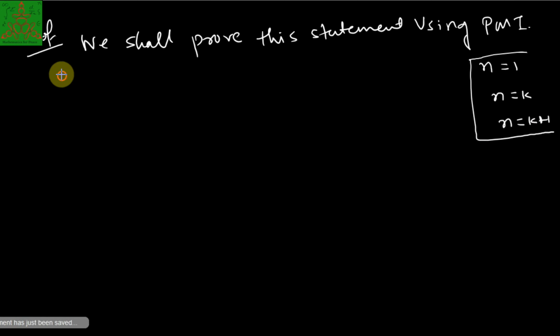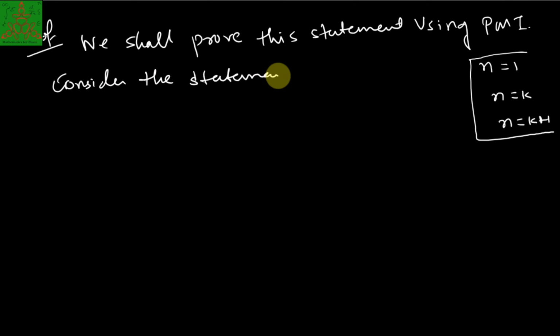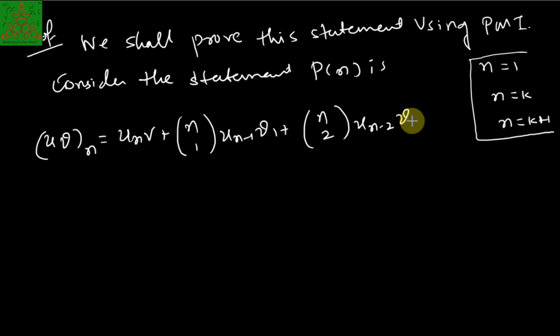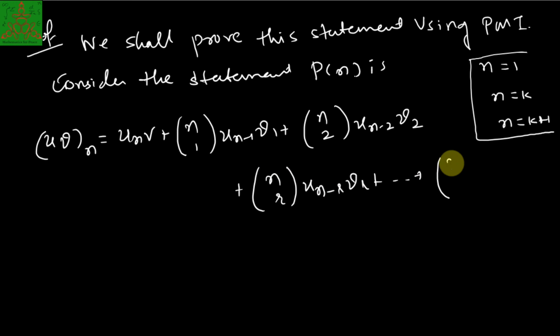So first of all, let us consider the statement Pn: (uv)n is un v plus nC1 un-1 v1 plus nC2 un-2 v2 plus so on, plus nCr un-r vr, up to nCn u vn.